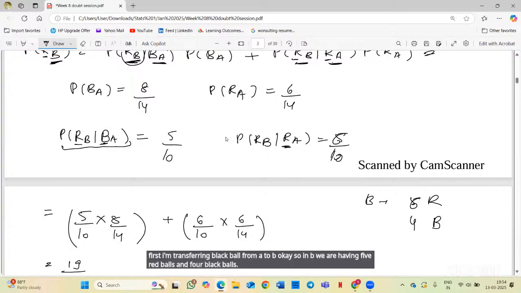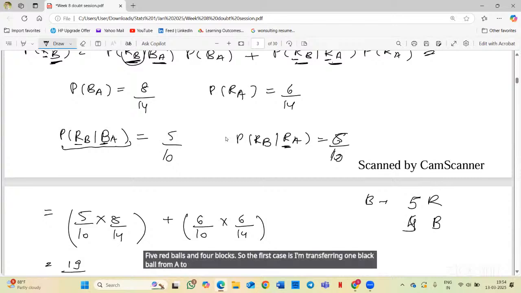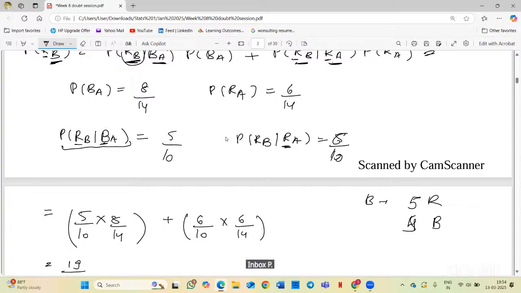So if I'm transferring 1 black ball from A to B, in total I would have 5 black balls in box B, so 10 balls in box B. The probability of choosing a red ball would be 5 by 10.